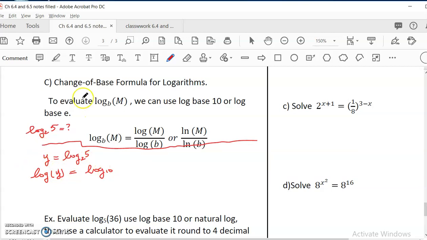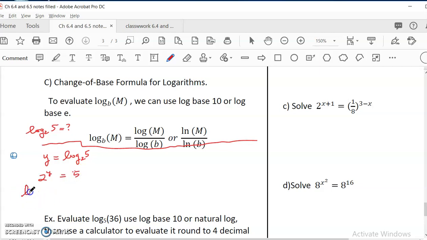Oh, I think I should do another step first before I do log base 10. So if I say this answer is y, then I use the exponential properties. I know that 2 to the y equals 5, right?